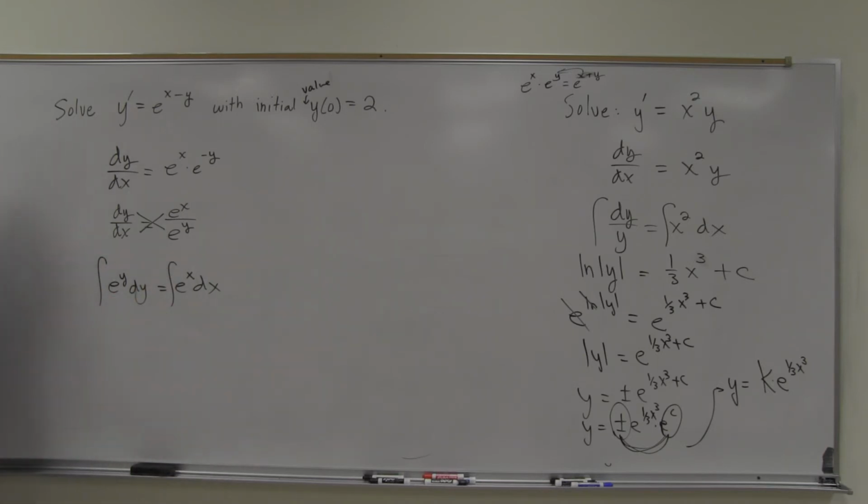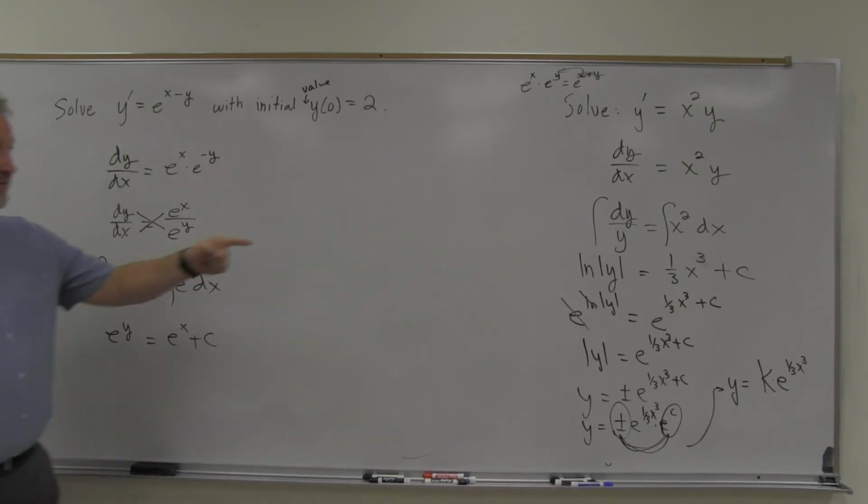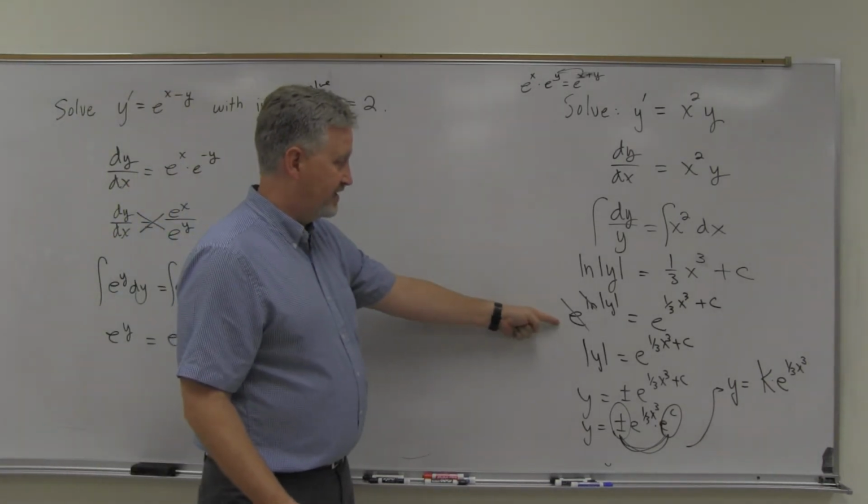Now we integrate both sides. That's e to the y, and that's e to the x plus c on this side. Now this one's kind of the reverse of what we just did. I want to solve this for y, but there's an e to the y on this side. So what do I do there? When I had the ln, I exponentiated both sides with base e.